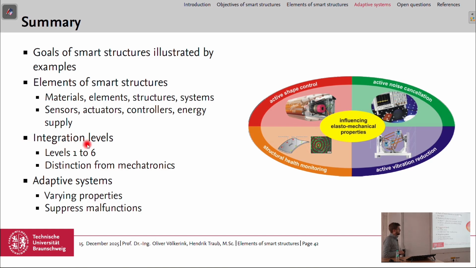We had a look at integration levels and the definitions of the levels 1 to 6. We discussed a bit about the distinction between smart structures and mechatronics. And we also distinguished two different adaptive systems, one with varying properties, like the example of the aircraft, high lift phase and cruise phase. And the other case is the malfunction suppressing adaptive system, for example, the satellite reflector.